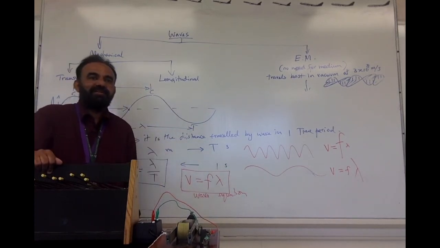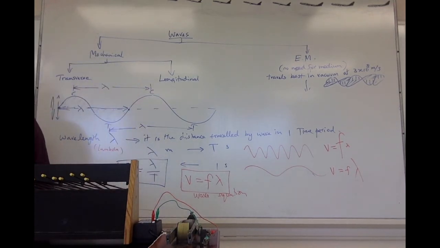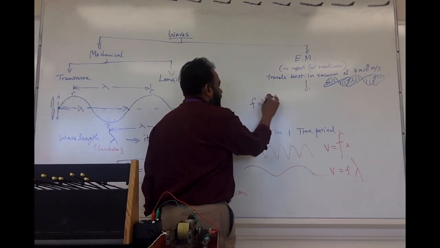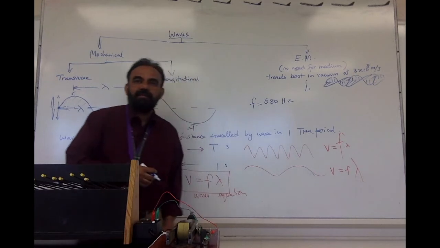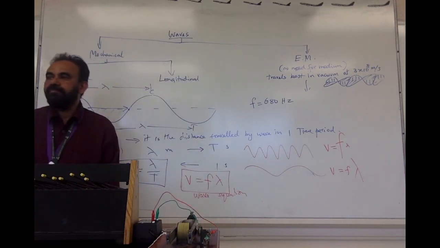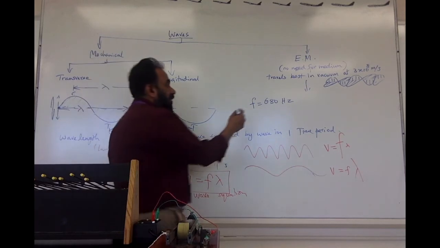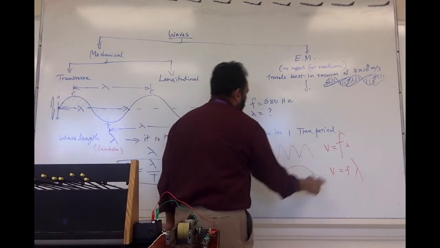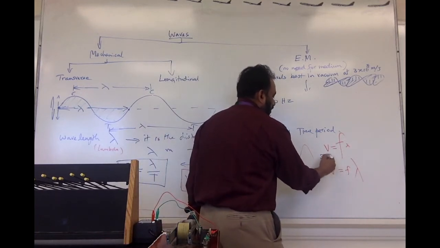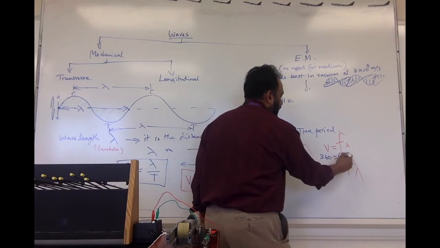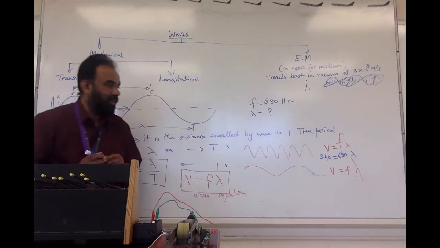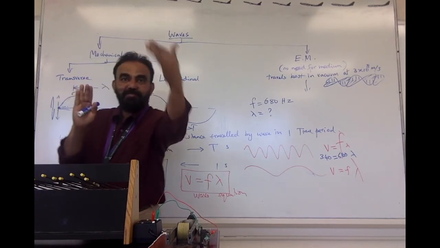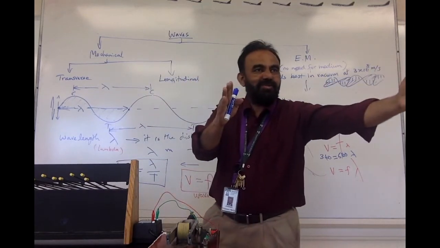What is the wavelength? 1/2. Exactly, because if you plug into this equation, velocity 340 is equal to frequency 680 times lambda. So the wavelength is going to be 1/2, which is this much. So one compression is here, the next compression is here, the next compression is here. You understand what I'm saying?